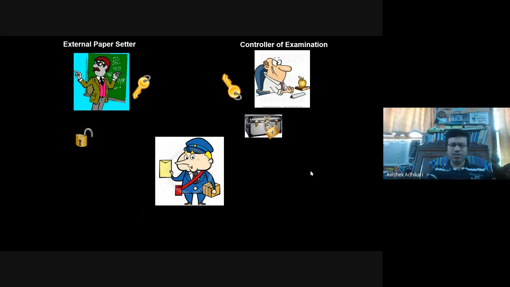Now the controller has his own key, so he can open this and get the question paper, and he is very happy because it's done in a very secure fashion.